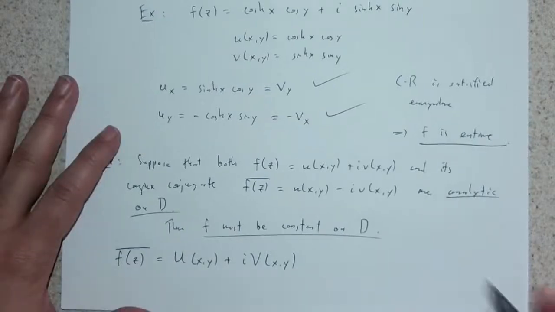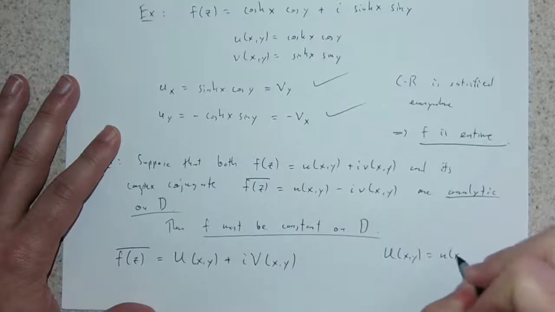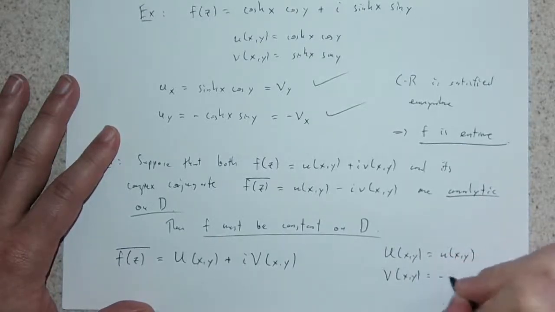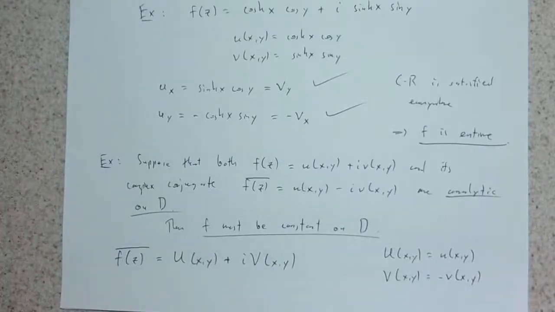Of course, we know that big U is just equal to little u, and big V is minus little v. So then, what do I know?